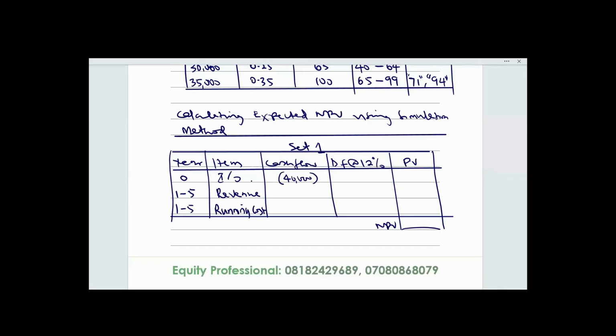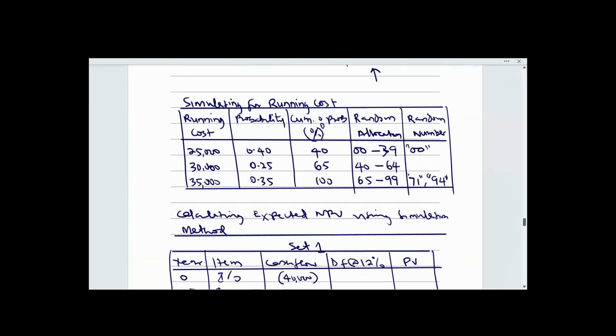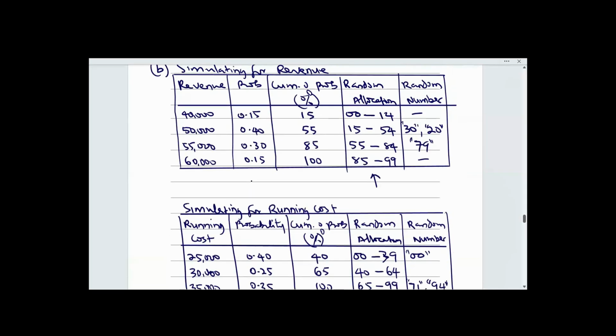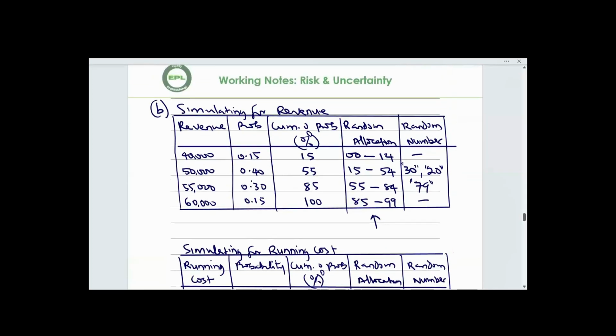Now, for set 1, go back to the table given to us for random number. For set 1, what's the random number for revenues? 30. So we then go to where we have simulated for revenue. 30 is here, so you trace it to the left.